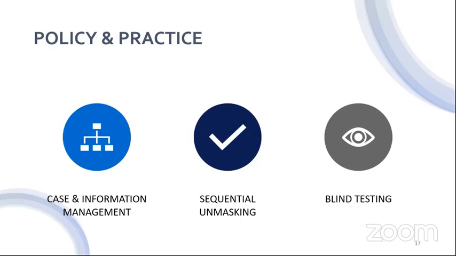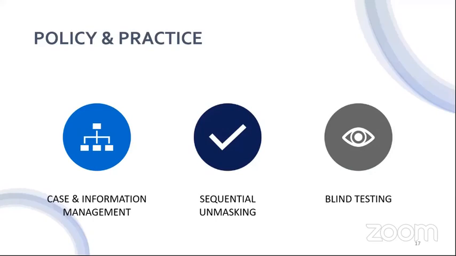There's lots of different forms. One of the things that the National Commission on Forensic Science came out with was blind proficiency testing. So an analyst wouldn't know that the item of evidence that they received for analysis was actually a proficiency test. Current practices for proficiency tests is that analysts are largely aware that it's a proficiency test.